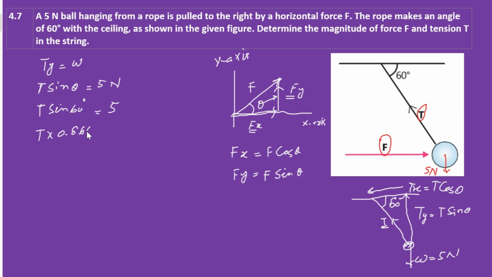To calculate T, we will divide 5 by 0.866, and this will give us 5.77, which is approximately equal to 5.8 Newton.